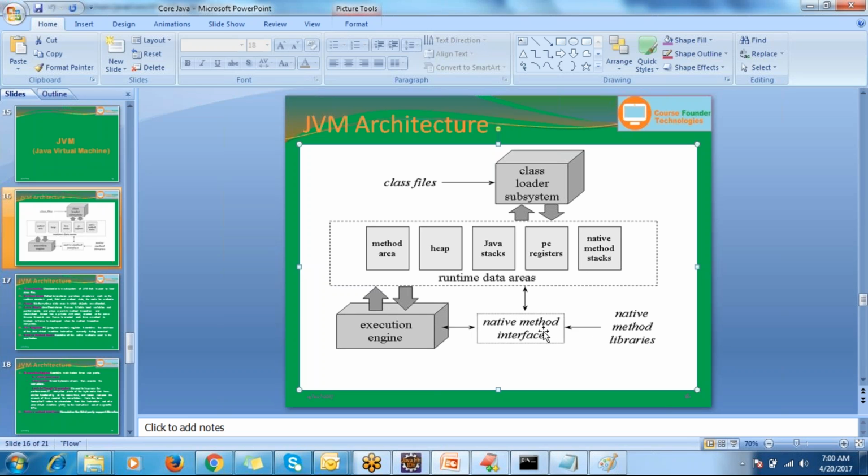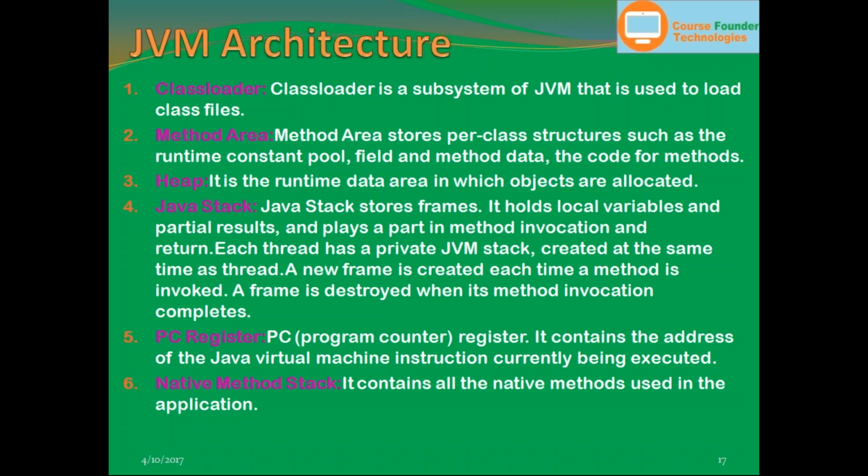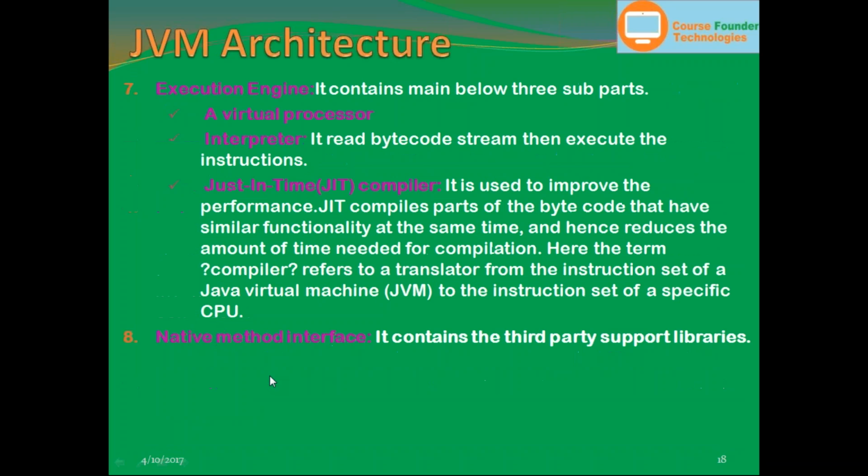But for foreign languages like C or .NET, we need to keep them over here in the native method interface. Whenever needed, it will take from this location and run your program. So make a note of this diagram, this is also very important. They may ask you to give a picture. The description I have written over here.